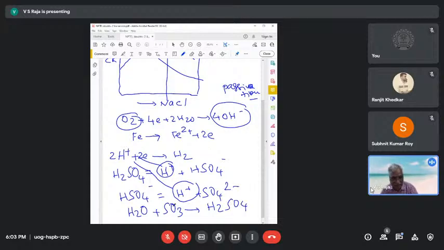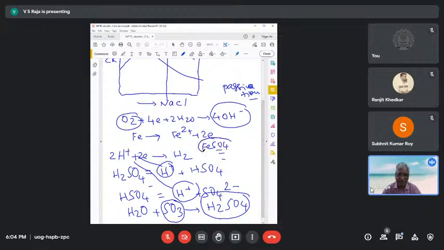Higher concentration means you have more of this, and it has less tendency to dissociate. When the water content becomes less, the dissociation of sulfuric acid becomes less. So beyond a certain level, the sulfuric acid does not dissociate, so H plus is not available at all, first of all. The second thing that also happens in sulfuric acid, which is very interesting, is that it also forms an iron sulfate film on the surface.